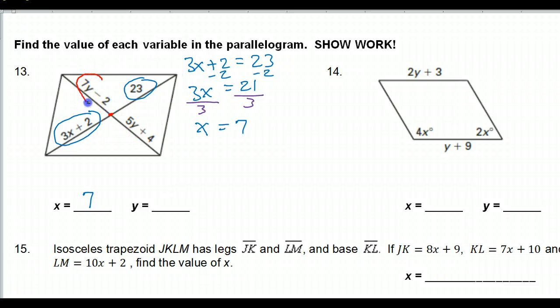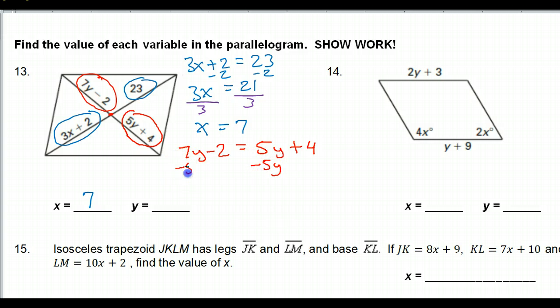Okay, and on the other hand, this part should equal this part. So that means 7y minus 2 is going to equal 5y plus 4. Let's subtract 5y from both sides. That will give me 2y minus 2 equals 4. Adding 2 to both sides, that will give me 2y equals 6.